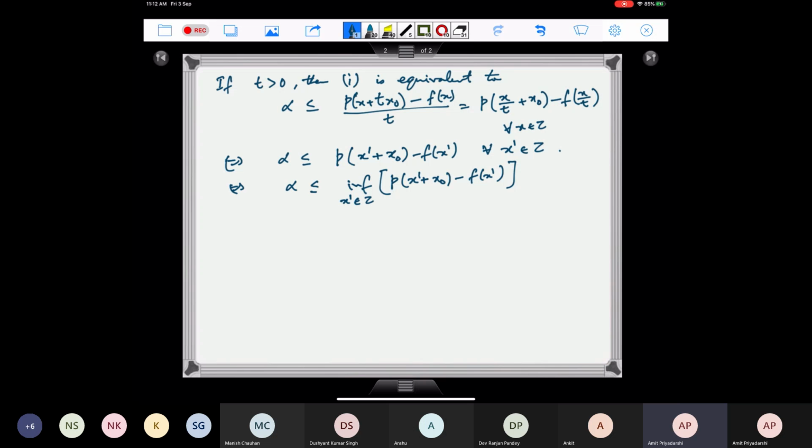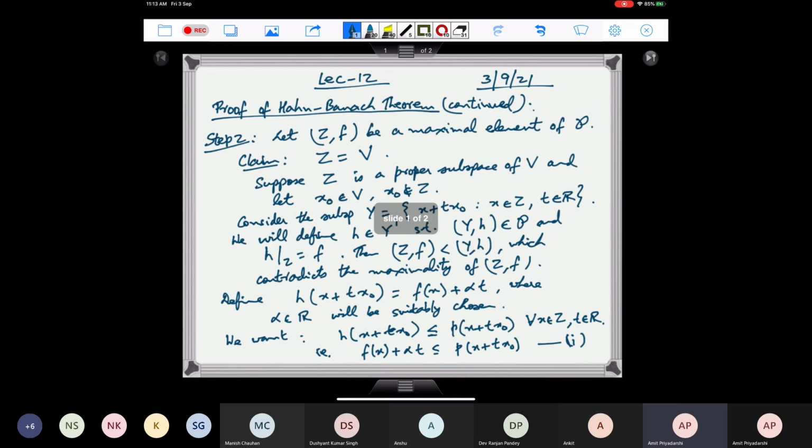And if t is less than 0, then this one is equivalent to, so if you see, we have alpha t. So in that case, minus t will be positive. So we can take minus alpha t is bigger than or equal to this, and then divide by minus t.